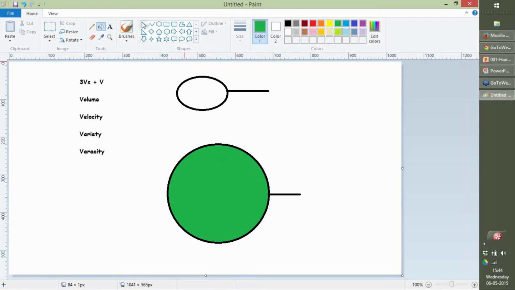But the problem here is, in this small amount of data, we will have some incorrect data, because we may get incorrect data when we go for a survey or when we collect data. So there will be some incorrect data in this small amount of data.